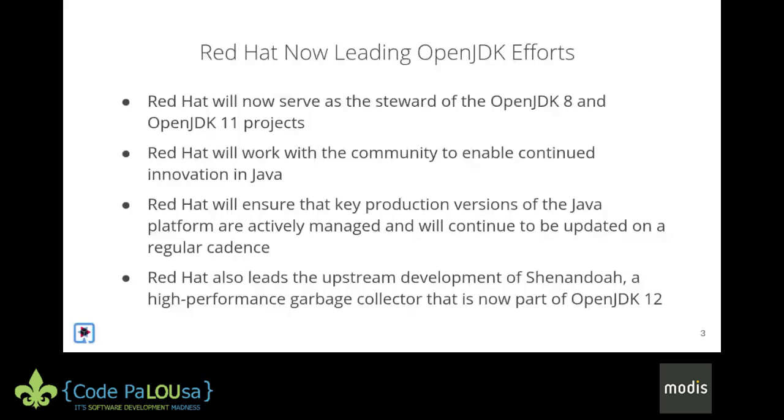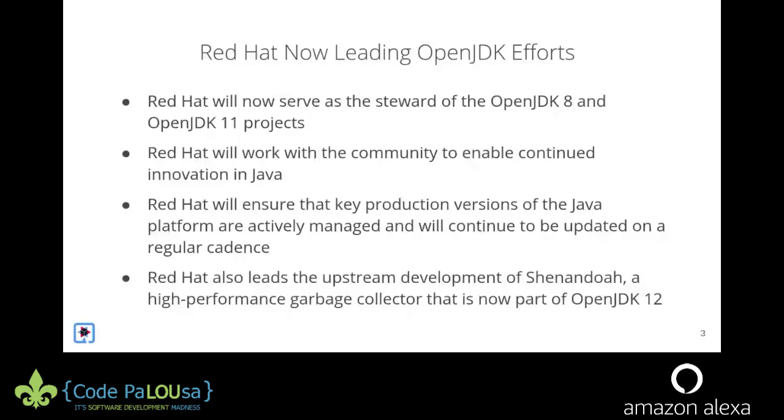So for a lot of folks, I think that's good news, right? We've got a long, storied history in open source, and we're going to continue to innovate and enable that innovation, specifically in the Java community, OpenJDK.